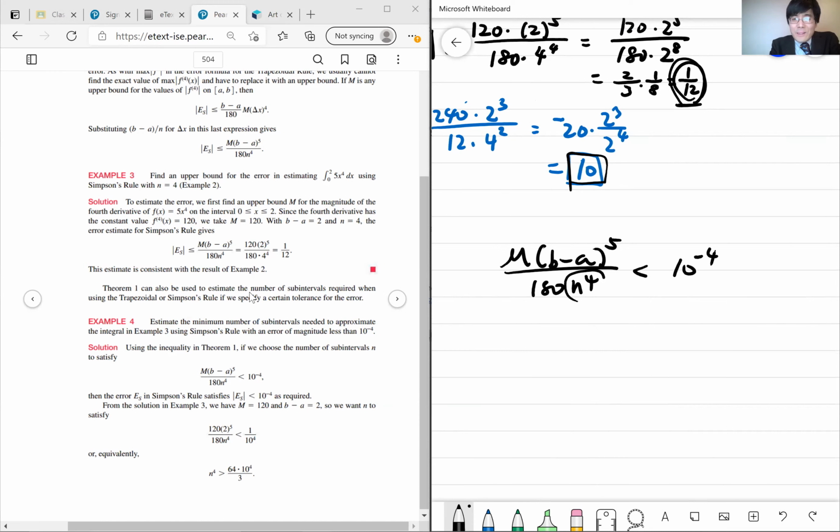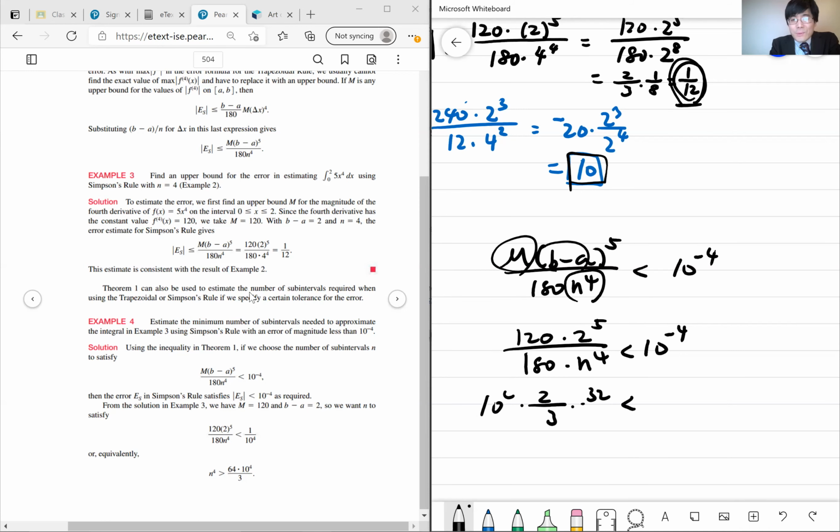And we want to find n that satisfies this. In that example, we found out M is 120, and this one was 2. So we just do it like this. So it's going to be 2 over 3 times 32 times 10 to the 4th, and to the 4th.